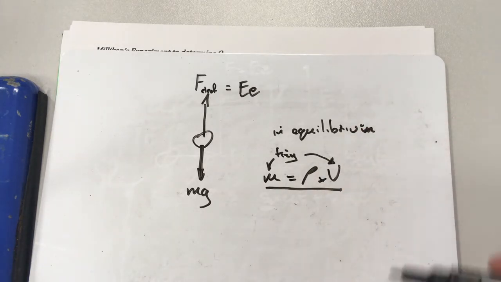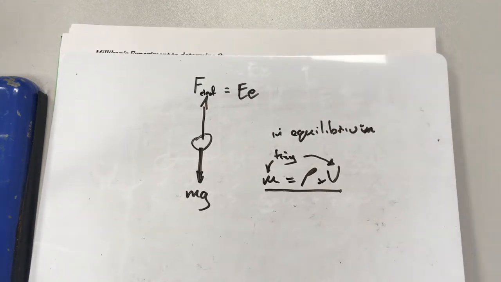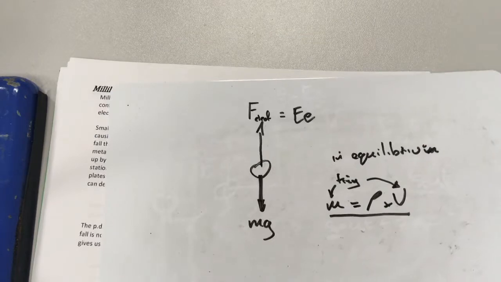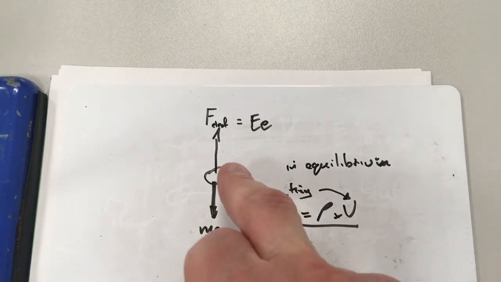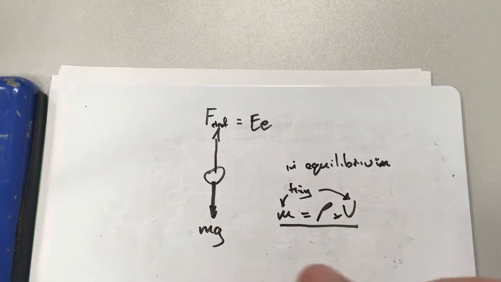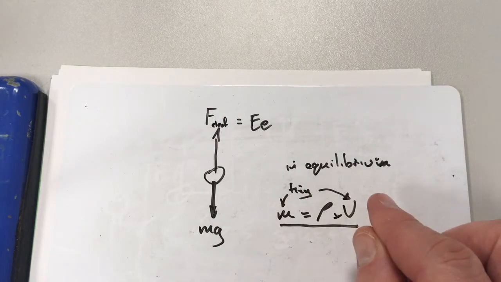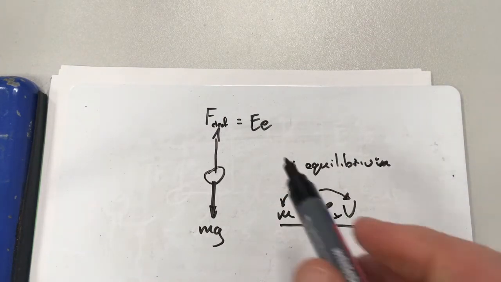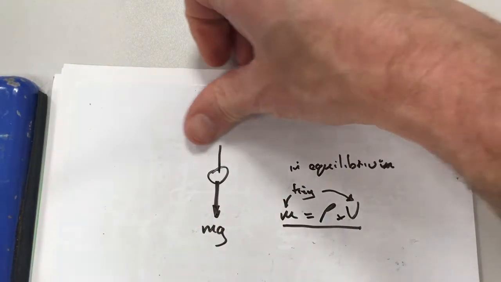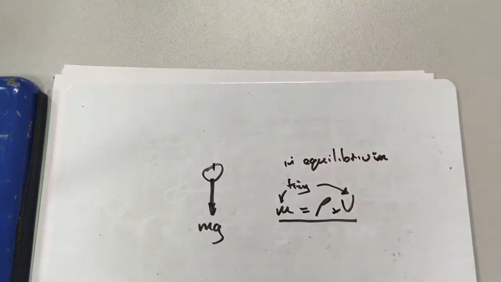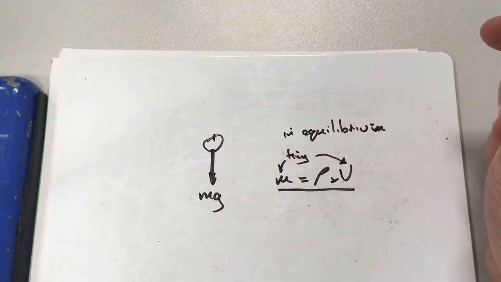So what we had to do was come up with a completely different method, and this is where our work on forces comes in. What he did was, this only works when it is in equilibrium held by the electric field. If he turned the electric field off, then the drop accelerates downwards.